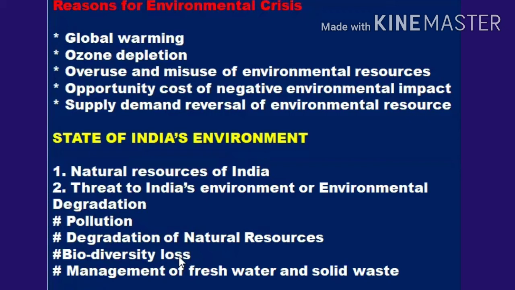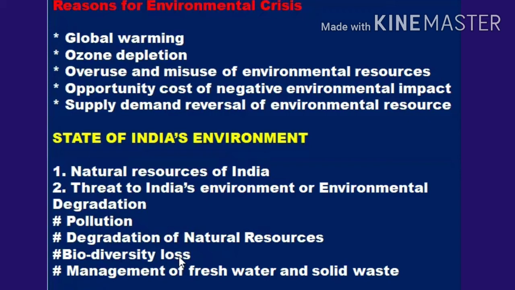So under pollution we can see air pollution. Air pollution means presence of air pollutants in the air which harm the human beings. Next is water pollution. Water pollution means presence of waste in the water, and the quality of water is destroyed, which adversely affects the aquatic ecosystem.